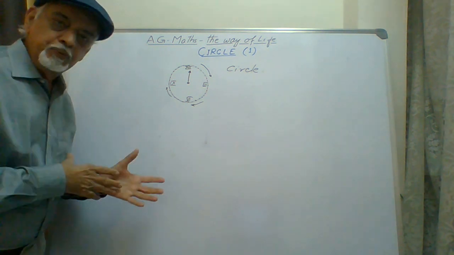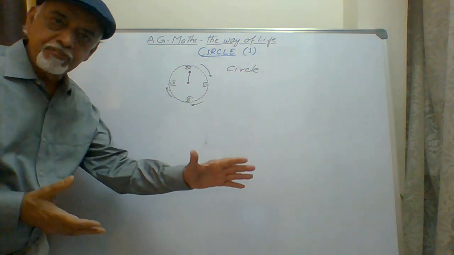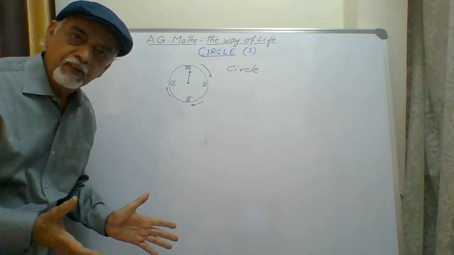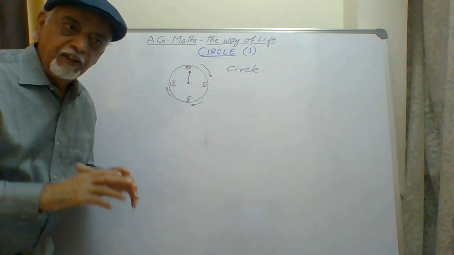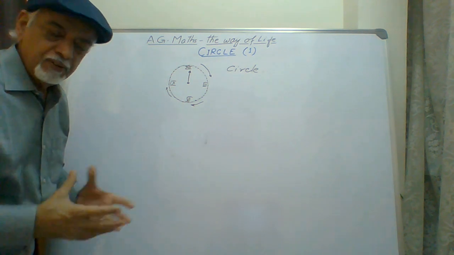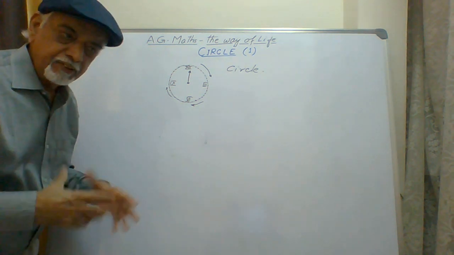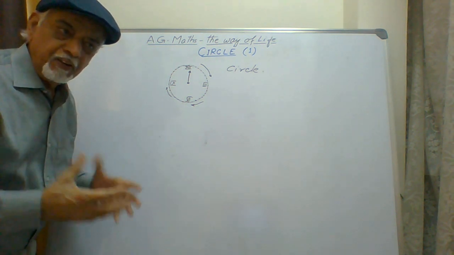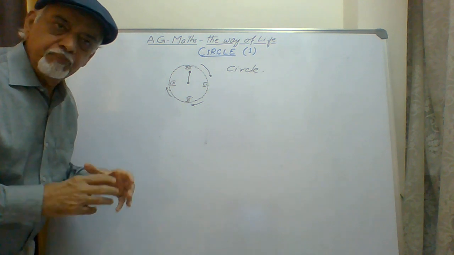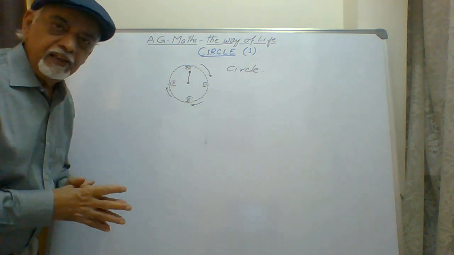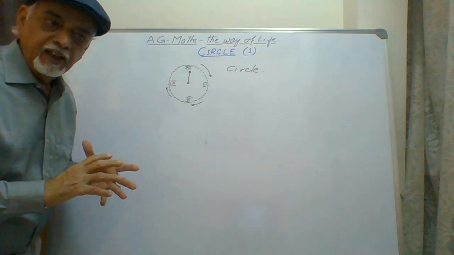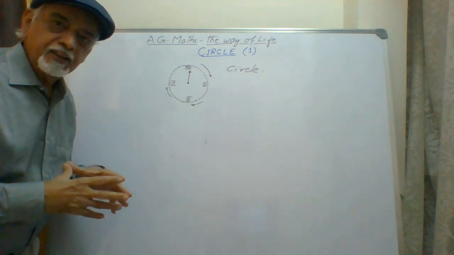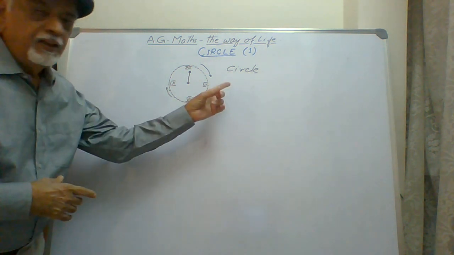Can you come to the school? Can your parents go to the office? It was impossible because everything which moves, like a car, or a cycle, or a truck, or an aeroplane, or a train, every object has got wheels which are round in shape. And this round shape has got a special name, circle.